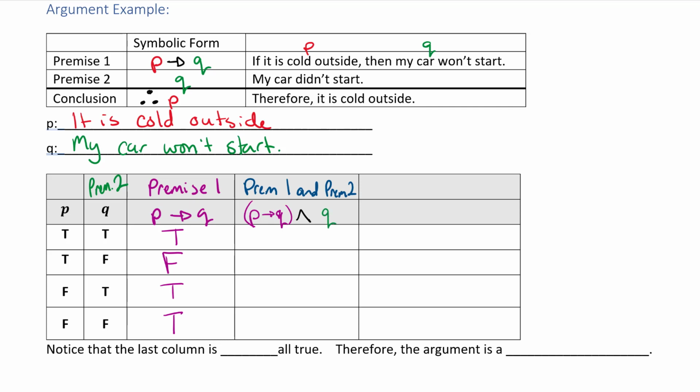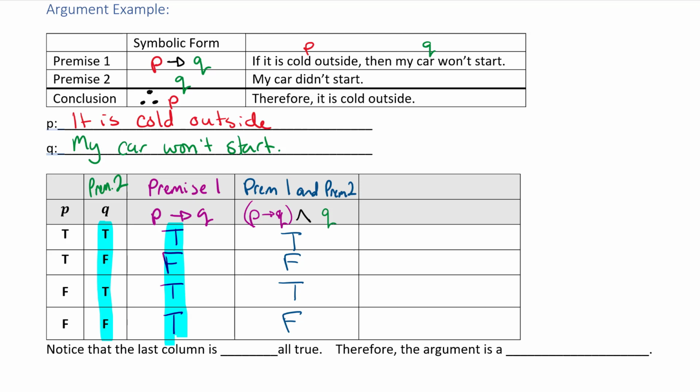So the conjunction is true only when both are true. So I'm looking at column 3 and column 2. The and, so we have true and true, that is true. False and false, that is false. True and true, that is true. True and false, that's false. They both need to be true in order for it to be true.